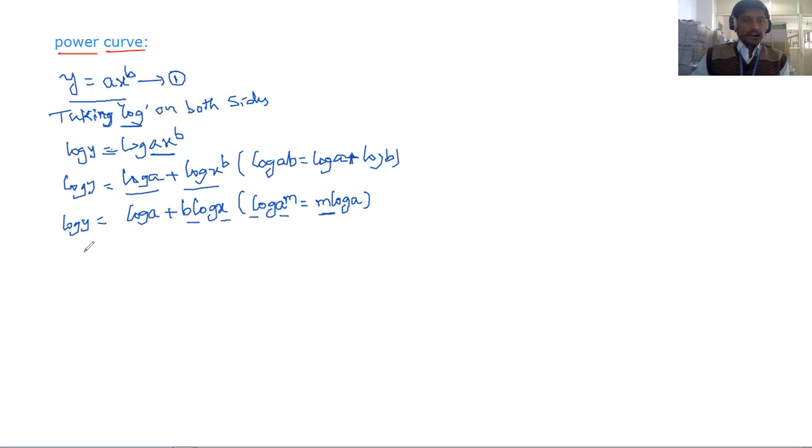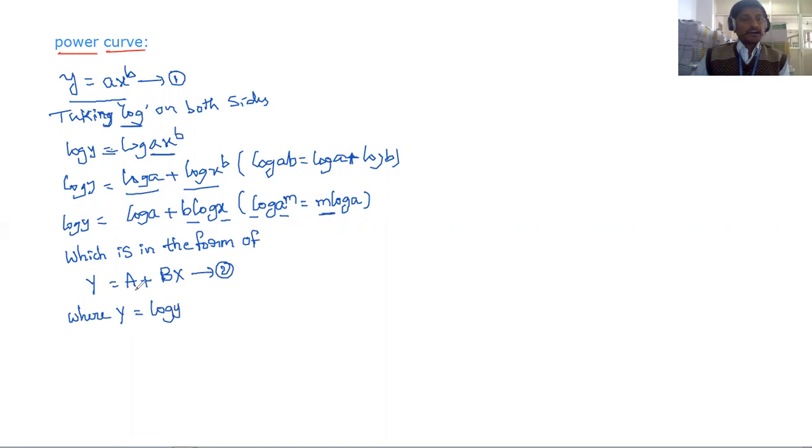Next, this is in the form of capital Y is equal to capital A plus capital B times capital X, so Y is equal to A plus BX. Let this be equation 2, where capital Y is equal to log y.